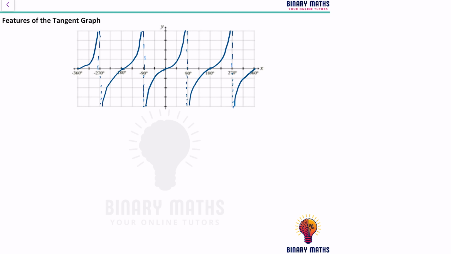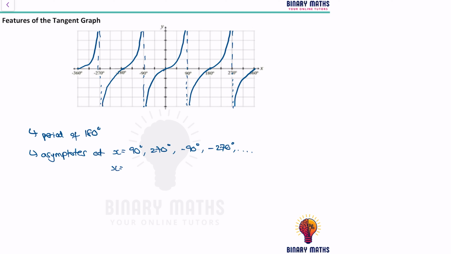So this one, the tan graph, is slightly different. It has a period of 180 degrees. The tan graph has asymptotes at x equals 90 degrees, 270 degrees, -90 degrees, -270 degrees.